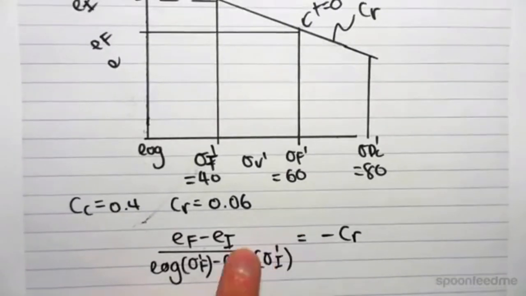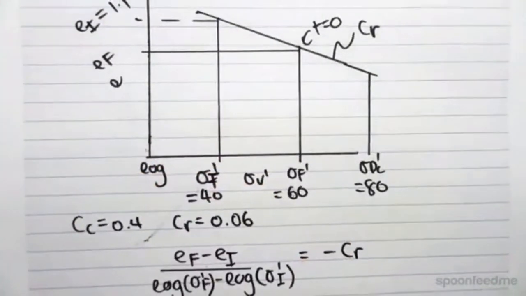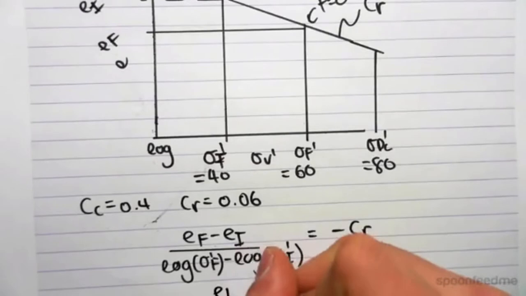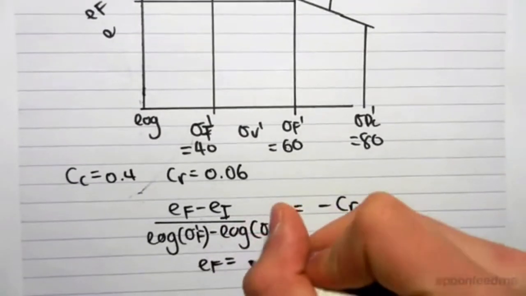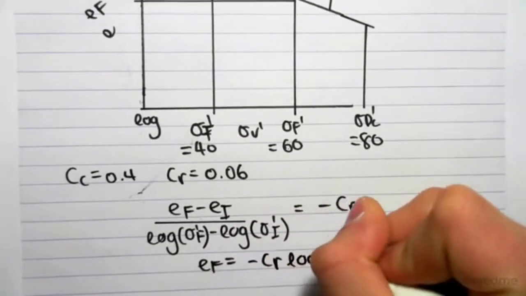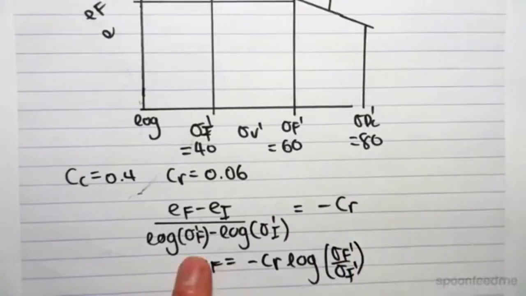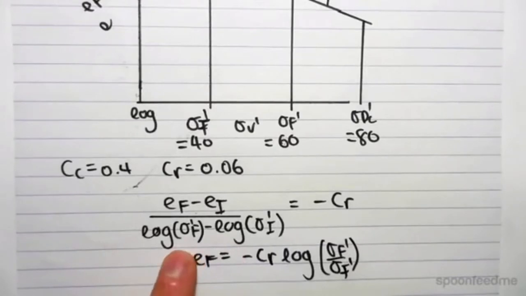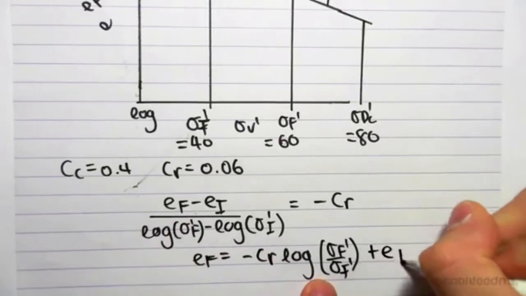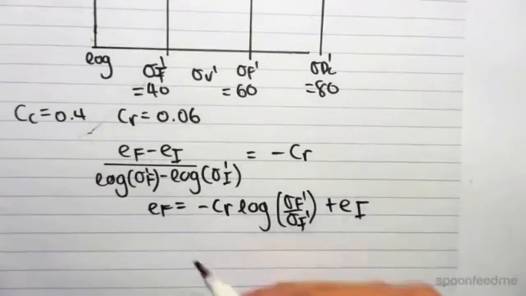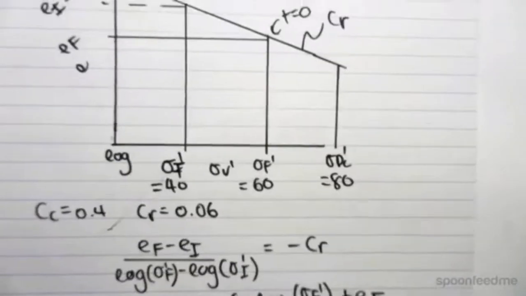So this equation develops the gradient for this curve, which we can rearrange to get e final in terms of minus CR log sigma_f dash on sigma_i dash. Because we're log minus log, we know by log rules that we can go log of that divided by that, and this is plus the initial void ratio. So by plugging everything in, we can find our final void ratio.